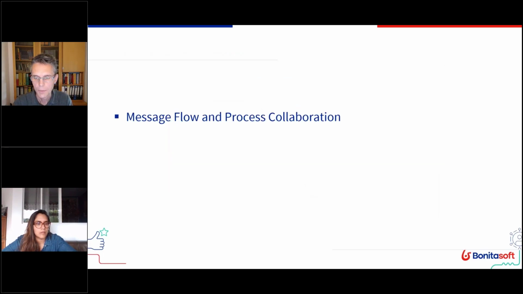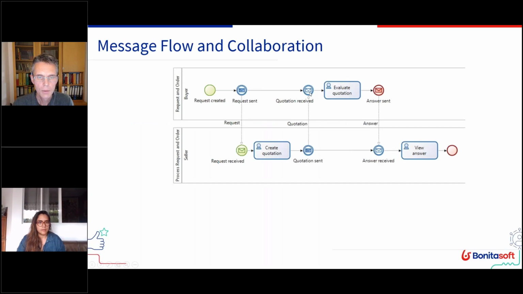So let's come to the third topic, which is message flow and process collaboration. You may have seen process models like this. You have two different partners, two different companies, a buyer and a seller, and the buyer has a process.